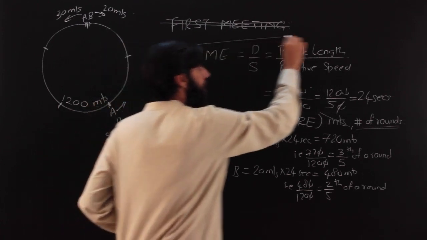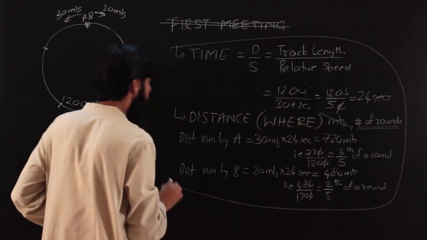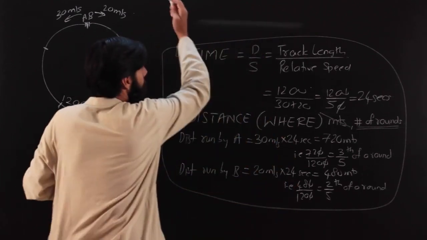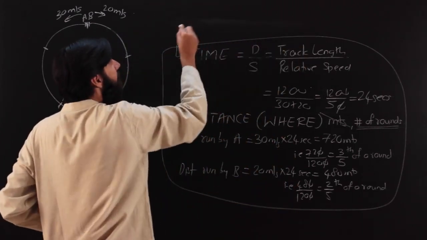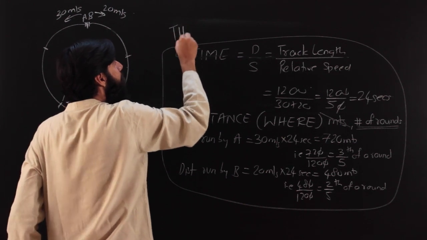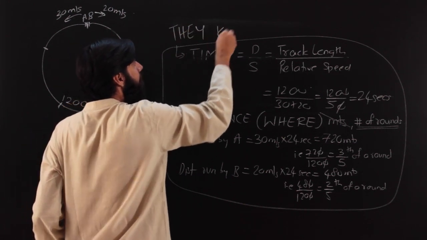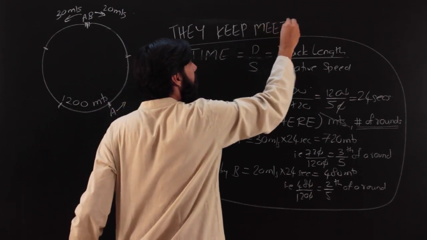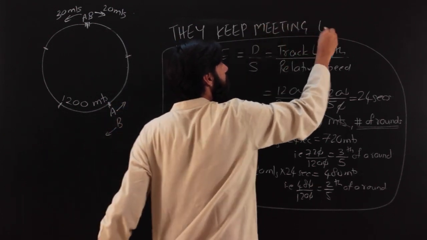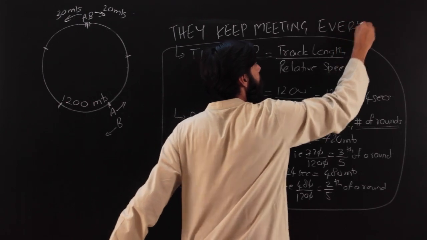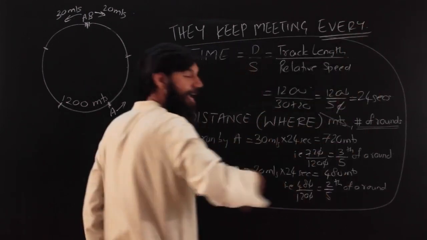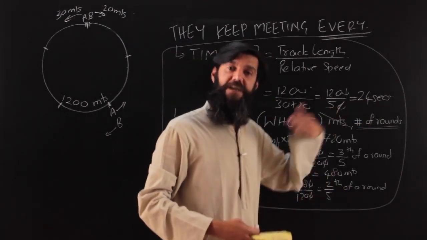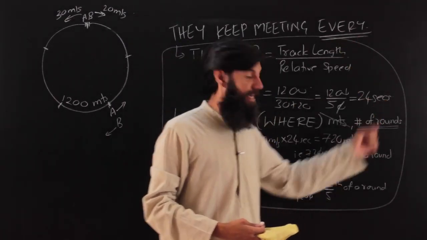Whatever we did here, this full thing is the time after which they'll keep meeting. They keep meeting every, and this word, while it might be very simple, is pretty important to understand, every 24 seconds. It is not the first meeting itself.